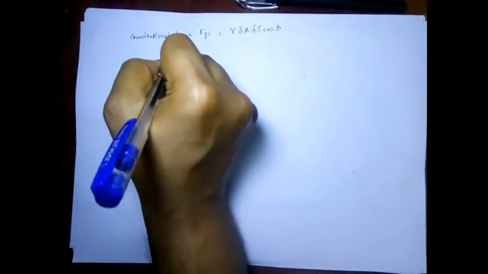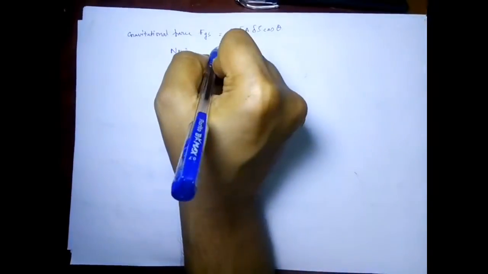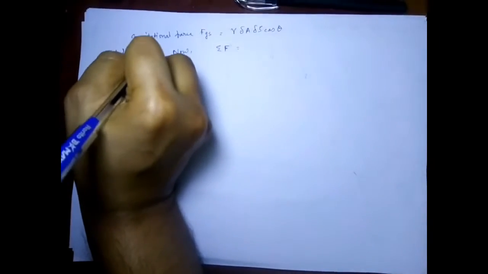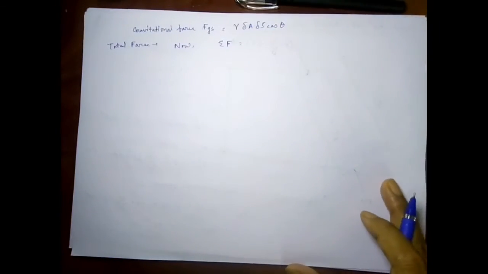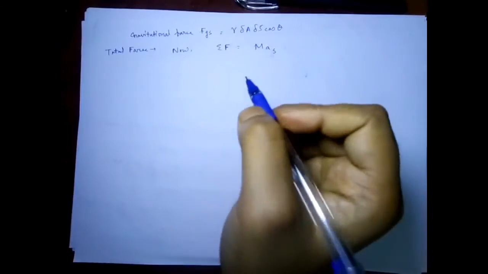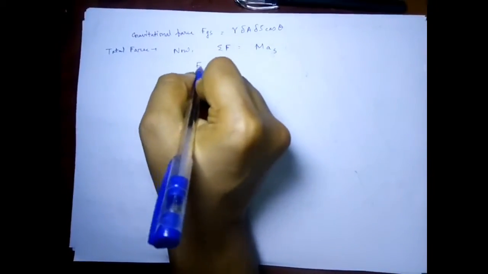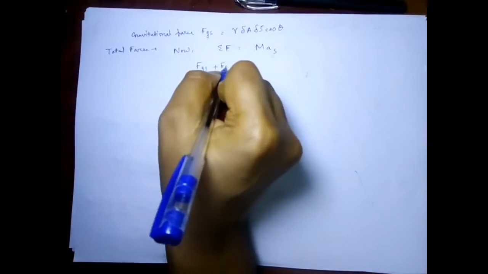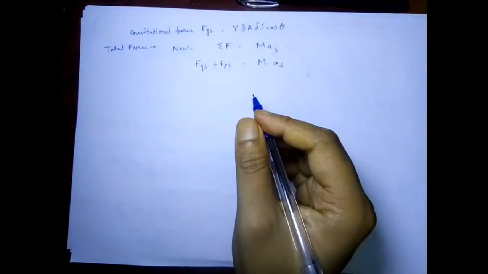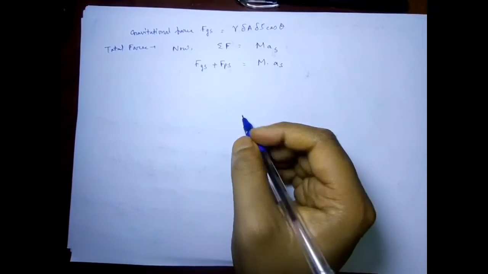Now the summation of the total force. Suppose I am taking the total force as F. Total force, summation of F, is equal to m times AS, and this is also equal to FGS plus FPS, equal to m times AS, where AS is the acceleration and m is the mass.